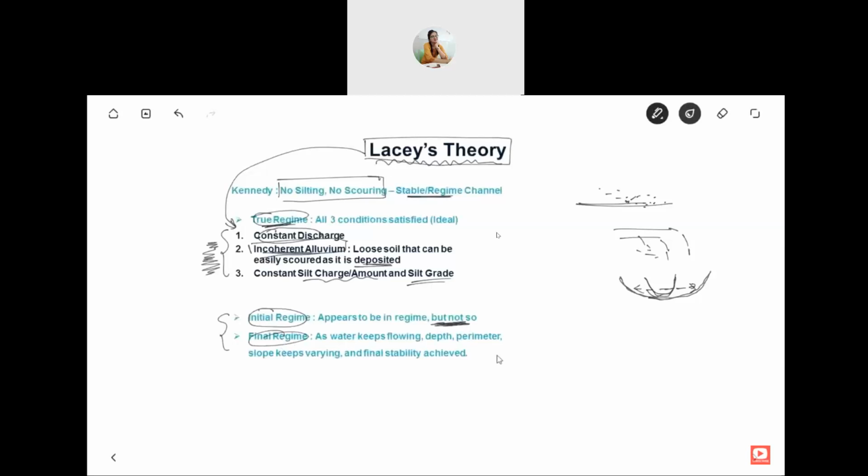Final regime is when, as water keeps flowing, the width keeps on varying and finally some stability is achieved where the depth, perimeter and slope are constant. Once this is achieved, it is in final regime. So Lacey's theory can be applied only for final regime and not for initial regime. Kennedy did not take into account this factor.